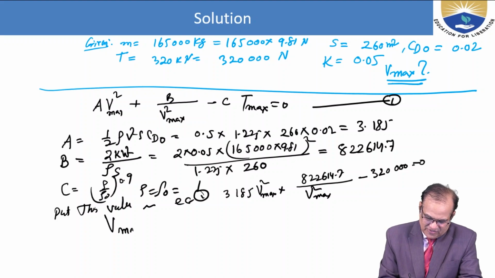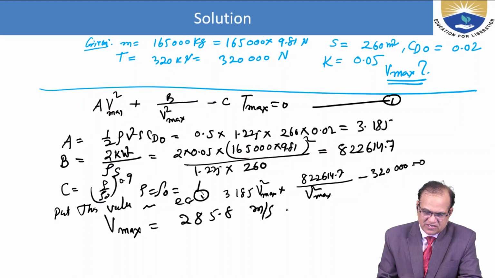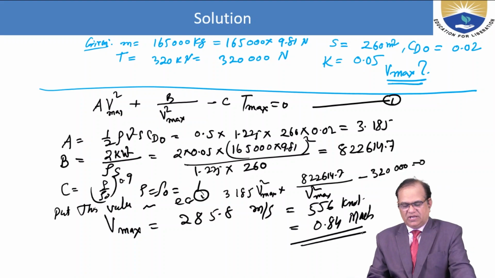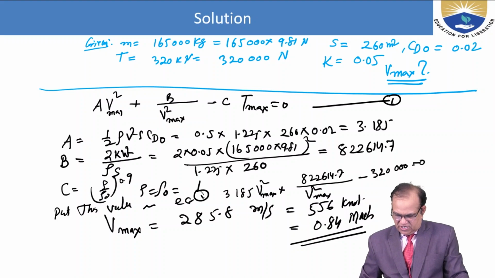So V max we can find out, it is 285.8 meter per second or 556 knot or 0.84 Mach. So this is the solution for this problem.